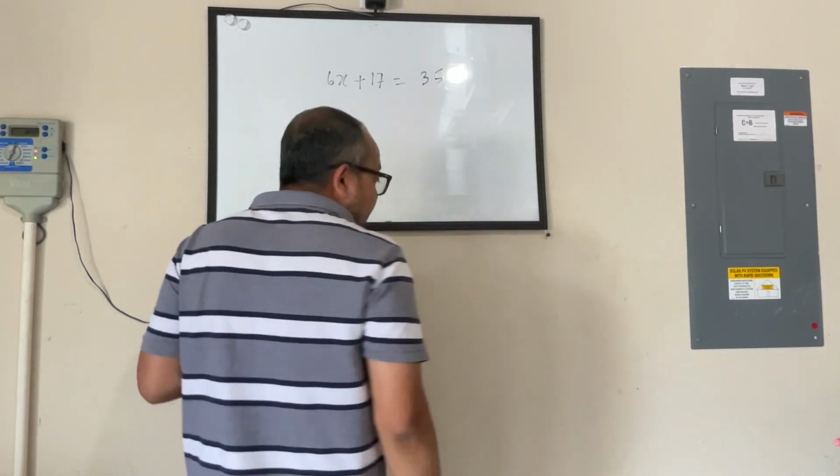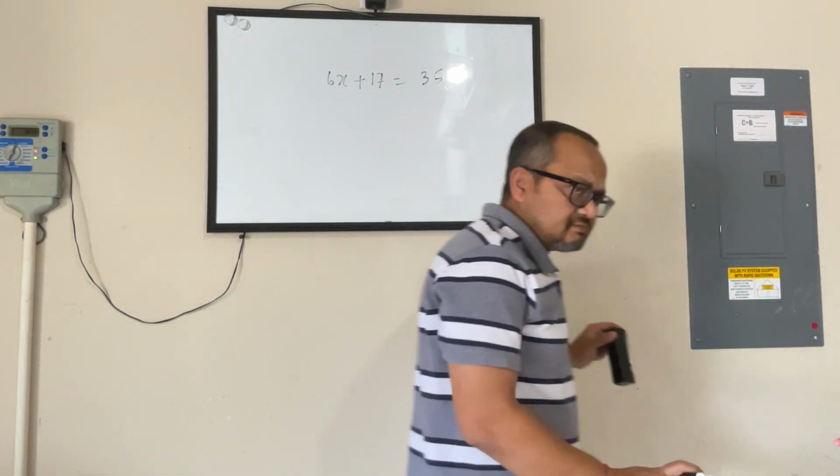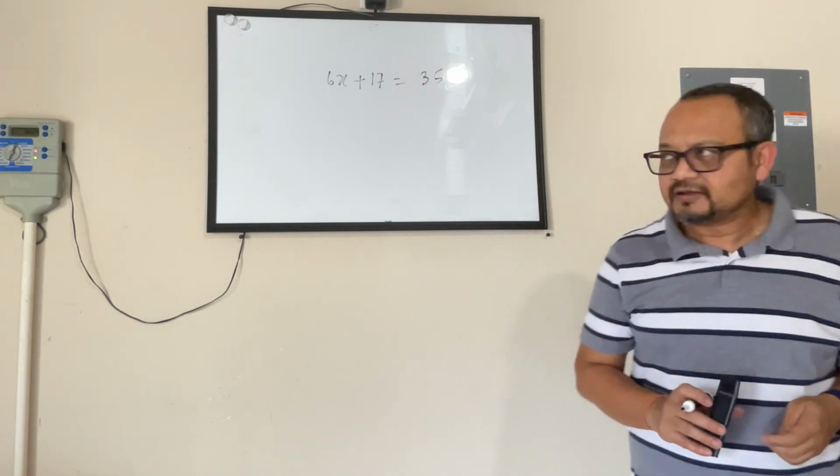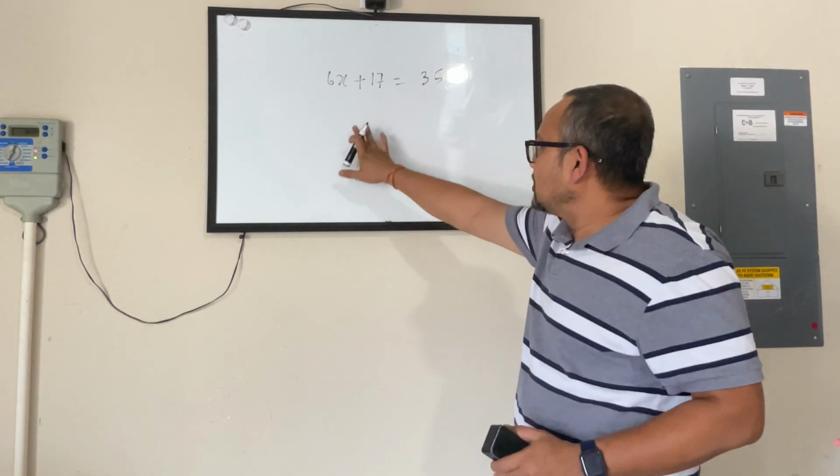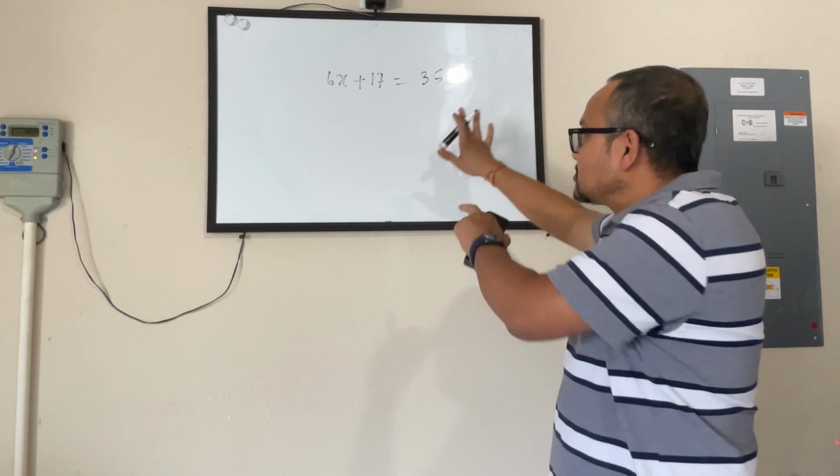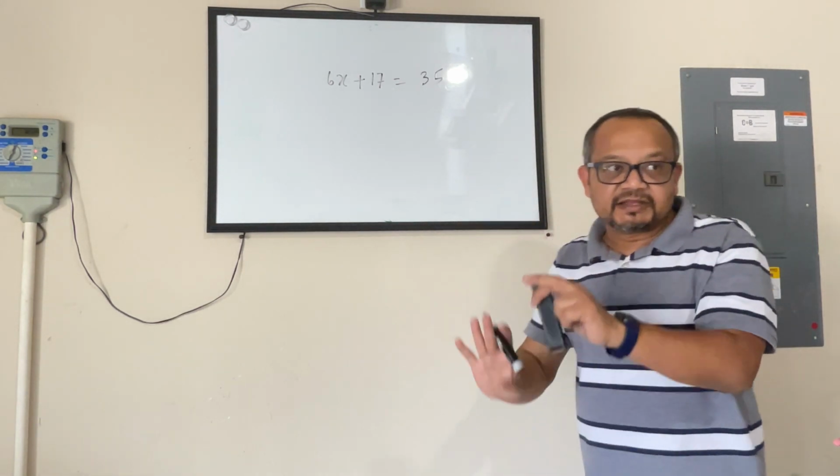Find out the value of x. Difficult? Easy, right? Very easy. What will you do? You will keep everything on one side, I mean, similar things on one side. That's how you deal with it, right?